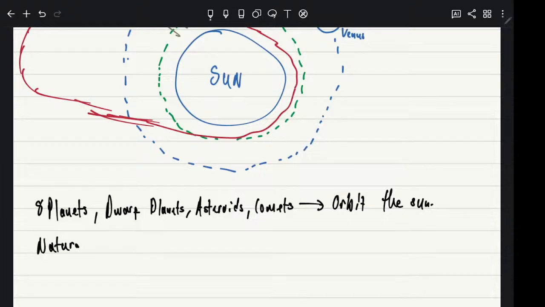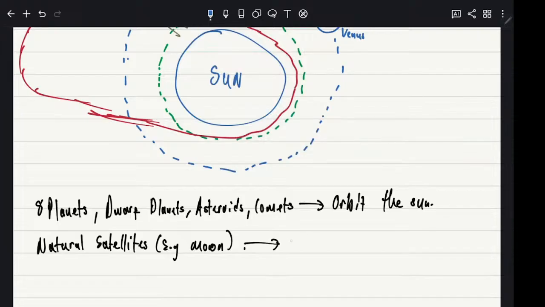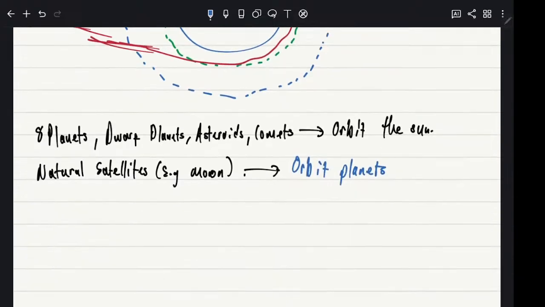Natural satellites, e.g., moon. Don't think the only moon is the one we see on Earth. That's our moon, but there are other moons. All planets have moons. So they orbit around planets. Natural satellites orbit planets. Anything called a satellite orbits a planet.